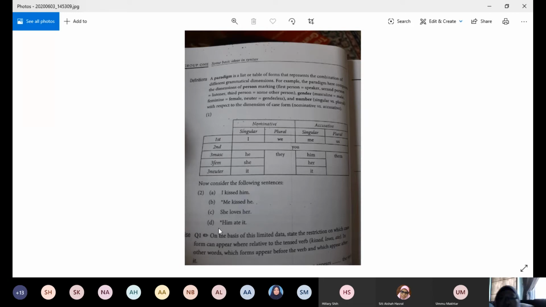Okay, 2D, him, it. So we find that it is the same. It is ungrammatical because it is in the subject position, whereas him is supposed to be accusative case. It doesn't matter. It's the same for accusative and nominative. The thing is, you notice that in English, the form of the pronoun can change.